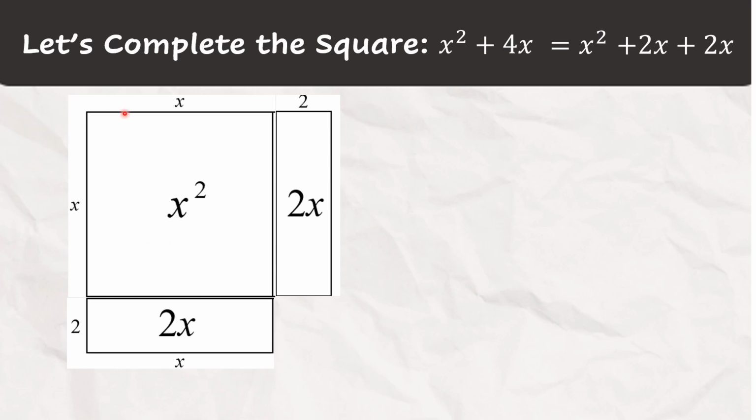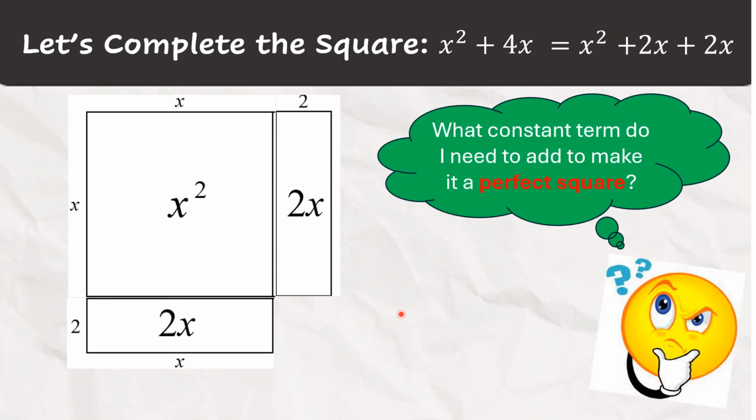Now, what I would like all of you to observe is that this itself should actually make it into a perfect square. So what is missing? You notice there is this little space here. The meaning of to complete the square is simply to ask ourselves this question: what constant term do I need to add to make this diagram a perfect square?